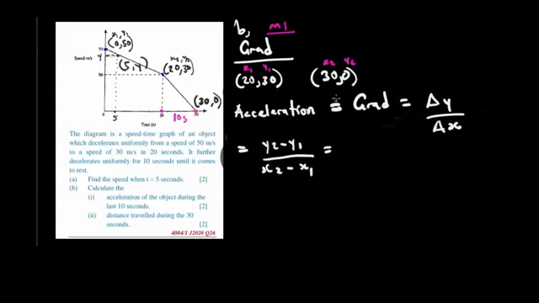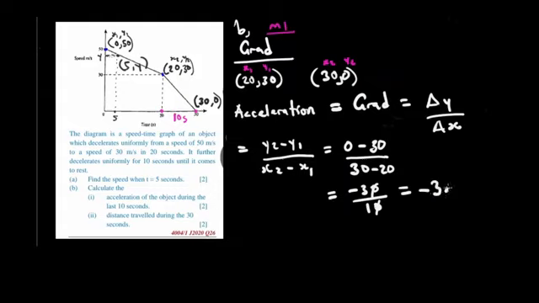So this is equal to, what is y2? y2 is 0 minus y1, which is 30, over what is x2? x2 is 30, subtracting x1, which is 20. This is going to give us 0 minus 30, that's minus 30, over 30 minus 20, that is 10. We are going to find minus 3 meters per second squared.